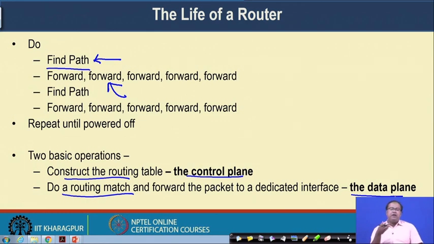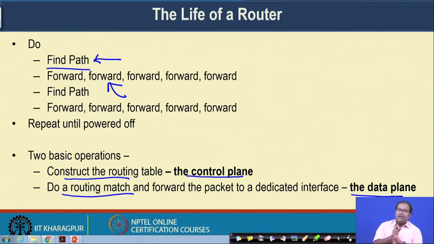So, the control plane of the router takes care of finding a path, and the data plane of the router takes care of making a match with the routing table and then forwarding a packet to an interface which will transfer the packet to the next hop. Now, in this entire architecture, there is an interesting observation. The functionality of the control plane is kind of periodic.